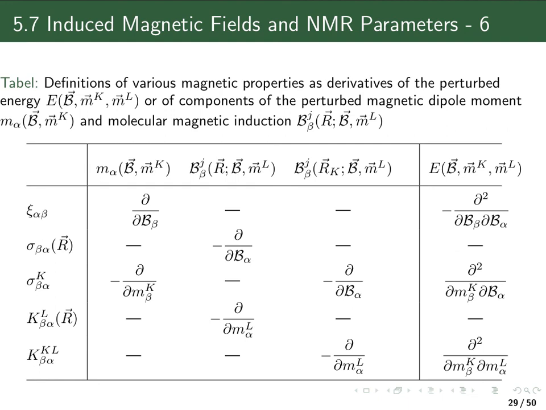And if we then look at those fields at a particular position, not the general position in space, but the position of nucleus K, we then get the shielding constant or the reduced indirect nuclear spin-spin coupling constant.